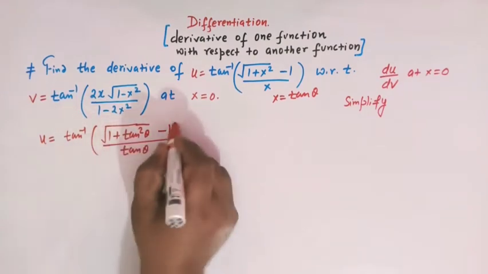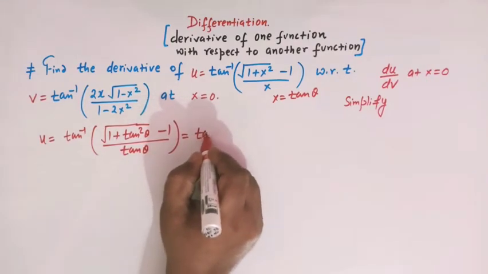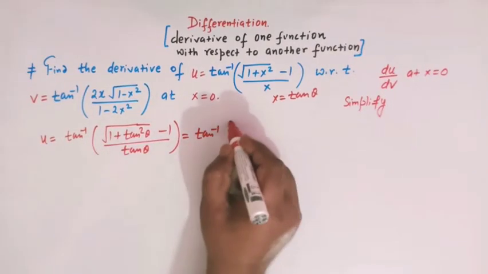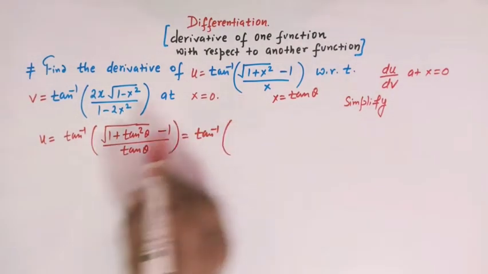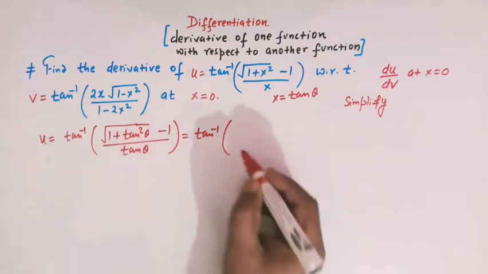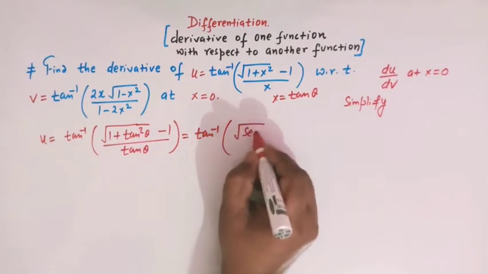Now we can simplify it using trigonometric identities, and we know that 1 plus tan square theta is secant square theta.